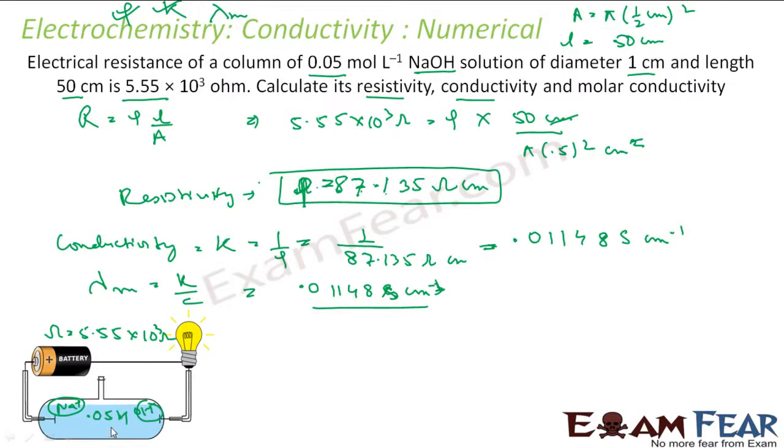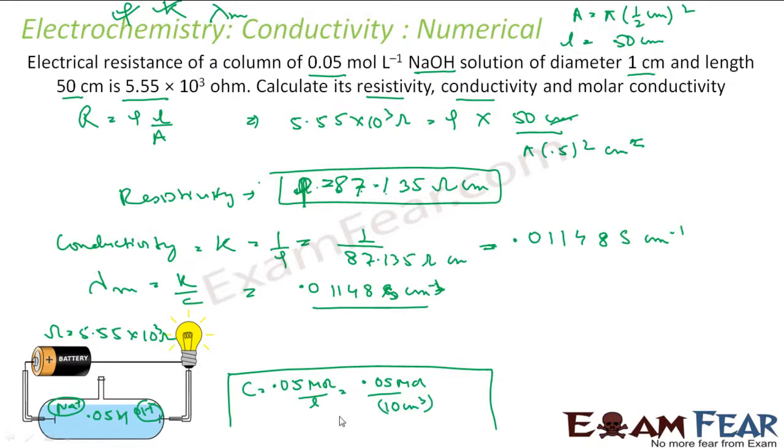Now what I know is moles per liter, correct? So let me first find that value. Concentration I know is 0.05 moles per liter. So 1 liter is nothing but 1000 centimeter cube, correct?